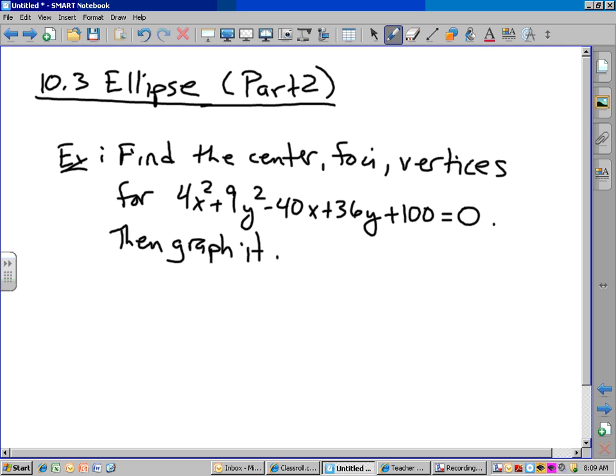What we're going to do is group all of the x's together and all of the y's together, just like we did with the circle. So we have 4x squared minus 40x, and then we have plus 9y squared plus 36y, and then we want the number to go on the other side.